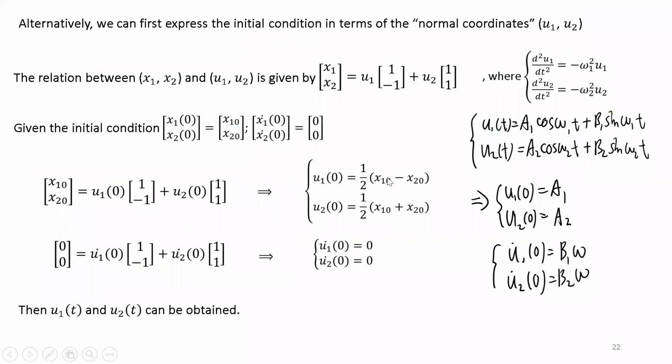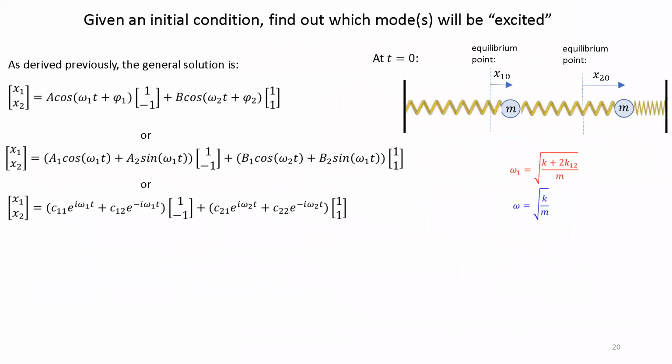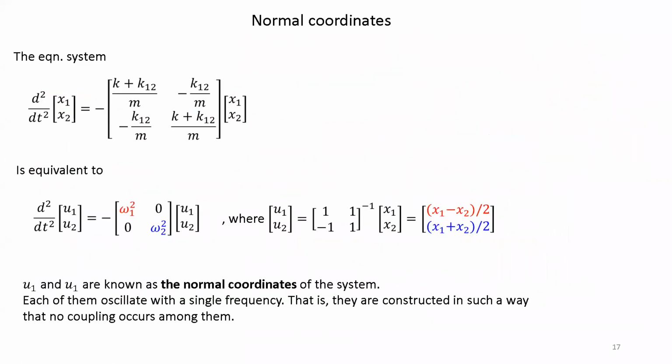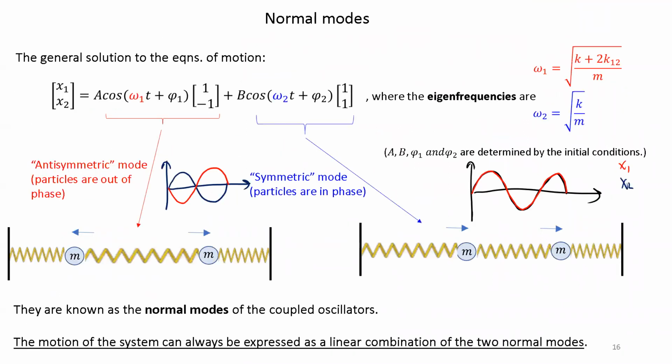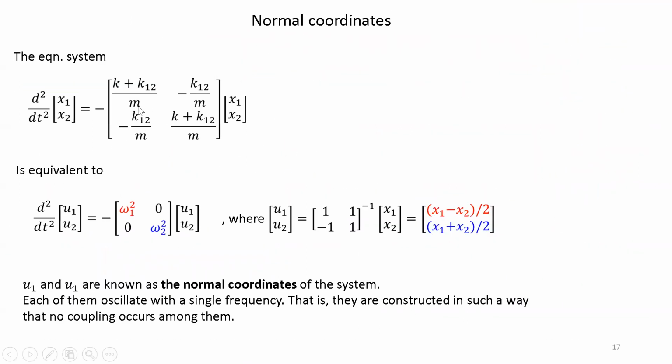Remember the normal coordinate that I introduced last time. In this case, the normal coordinate u1 is given by (x1 minus x2) divided by 2, and u2 is given by (x1 plus x2) divided by 2.